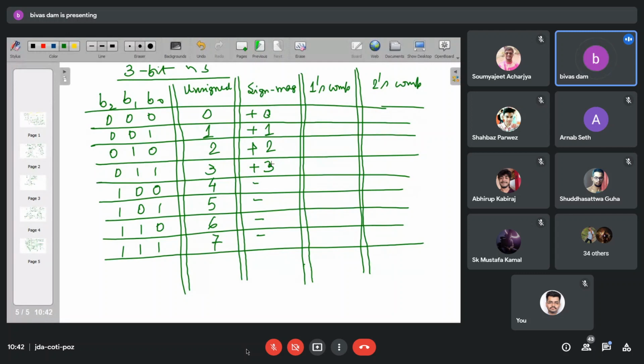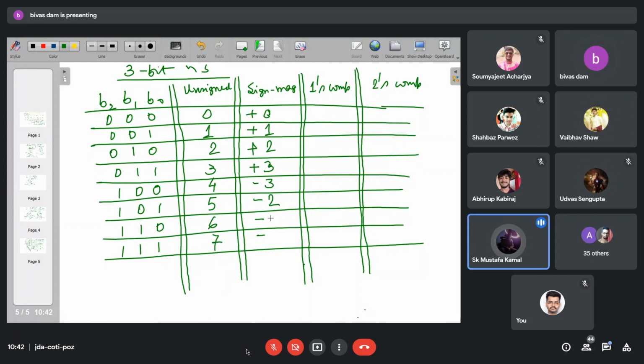That gives 0, 1, 1, which corresponds to the magnitude, so minus 3. Then minus 2, then minus 1, then minus 0.